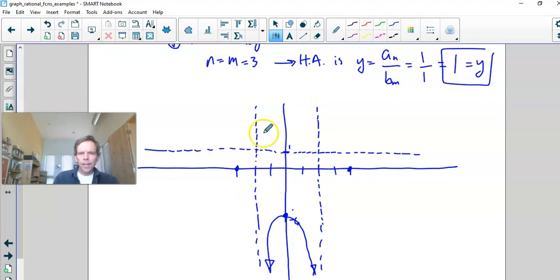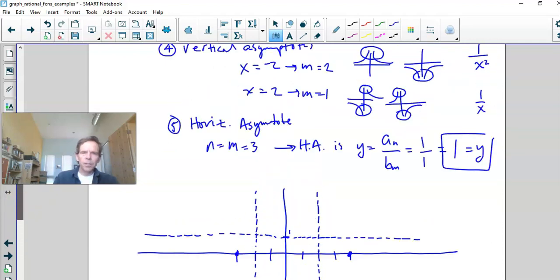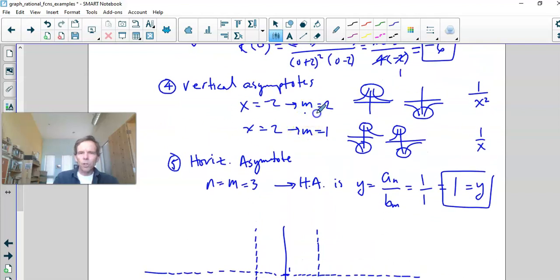What does it look like near the vertical asymptote at -2? What was the multiplicity there? It was 2. So it either was on the top with both graph branches next to each other, or at the bottom, like this. They weren't opposites where one's on top and one's on bottom, like the odd multiplicity. When it's even, they're together. They're peeling off the asymptote together, top or bottom.